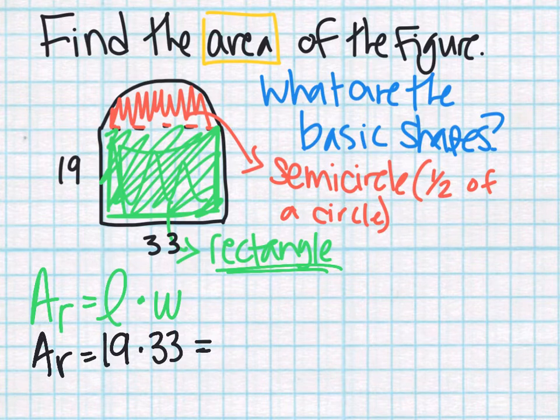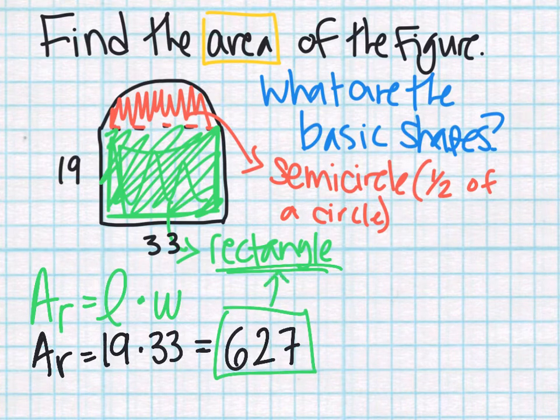When we do 19 times 33 on our calculators, we should get 627. So the area of the green part is 627 square units. Okay, now I want to do the area of the semicircle.